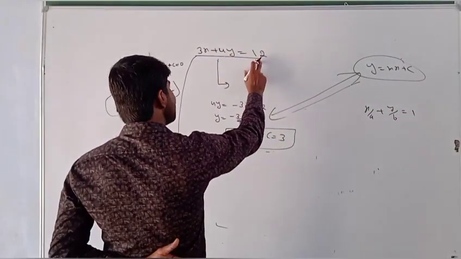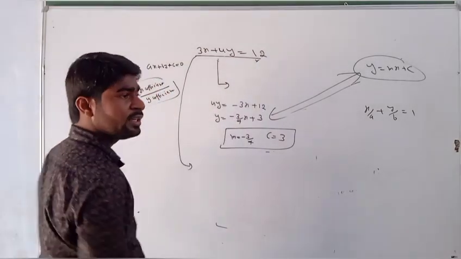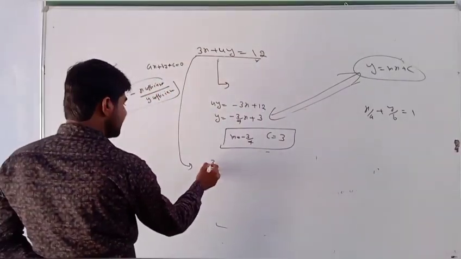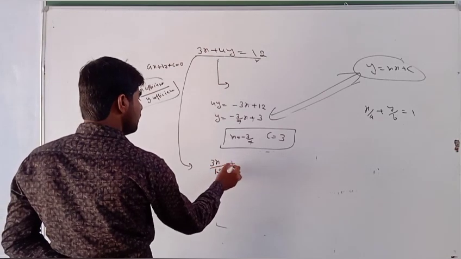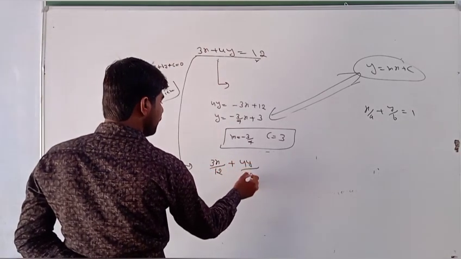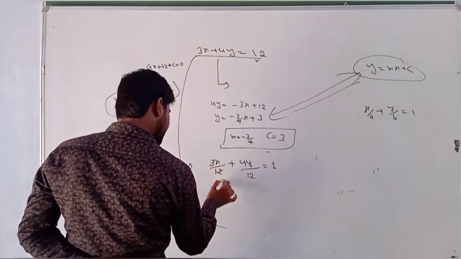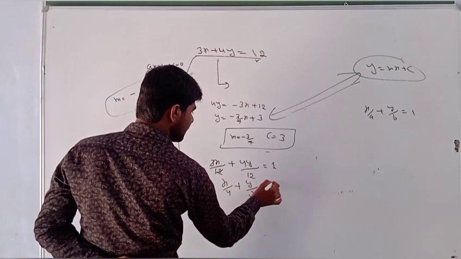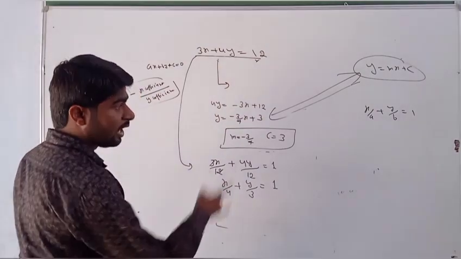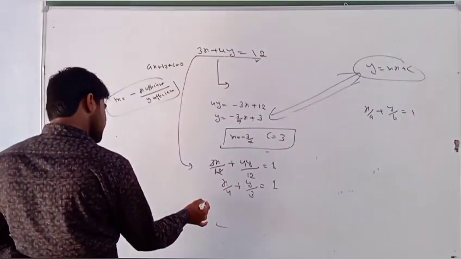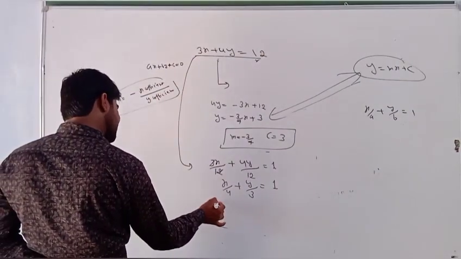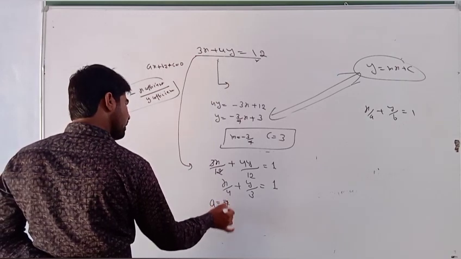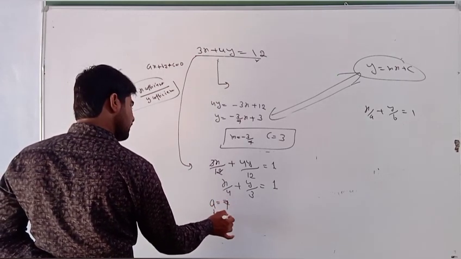Means you need 1 here. So 12 will go to this side. It will be 3x upon 12 plus 4y upon 12 equals 1. x by 4, y by 3 equals 1. So after comparing, you will get the intercept on the x-axis will be 4 and the intercept on the y-axis will be 3.